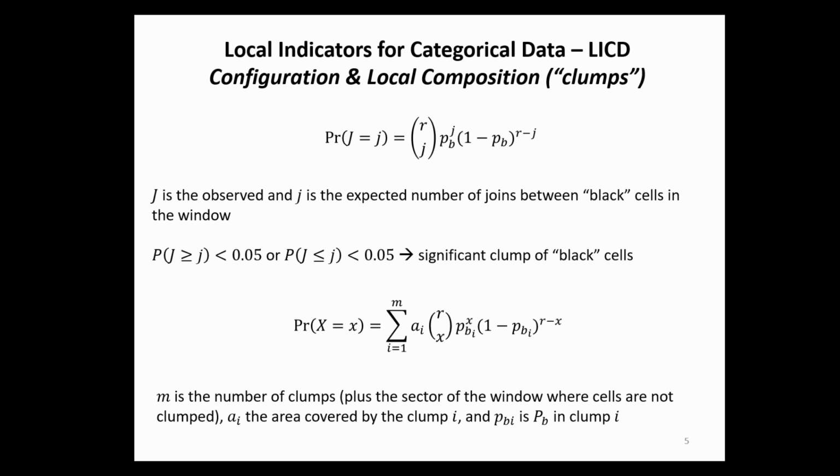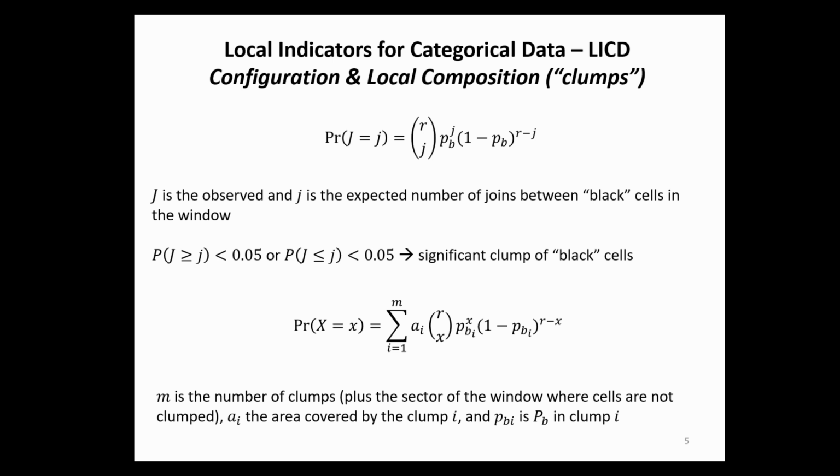So how close these black cells or white cells are within the window. And this is investigated using the same binomial mass probability equation, but for joins and not for values.